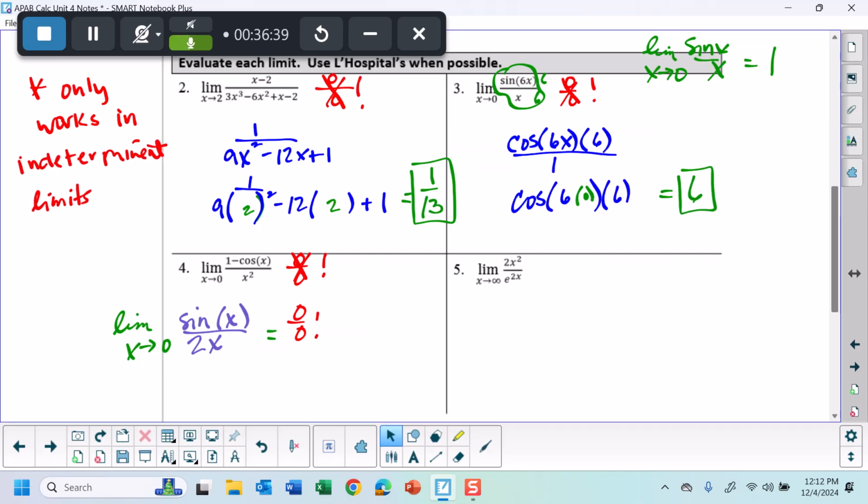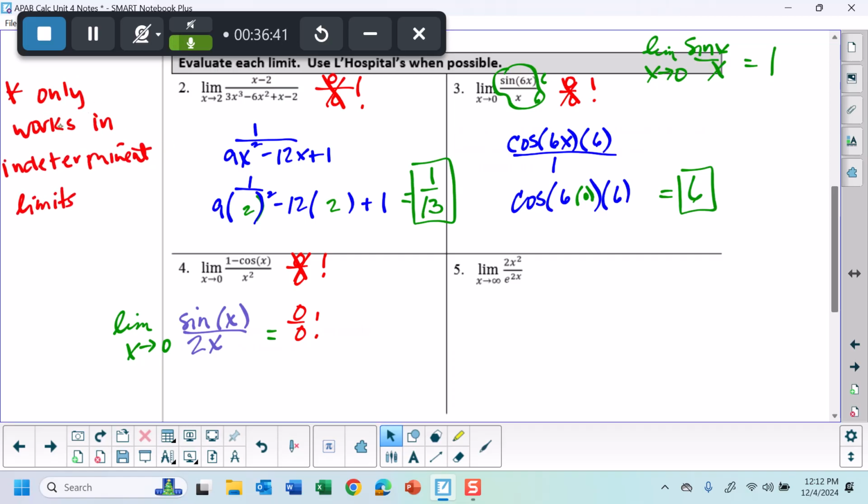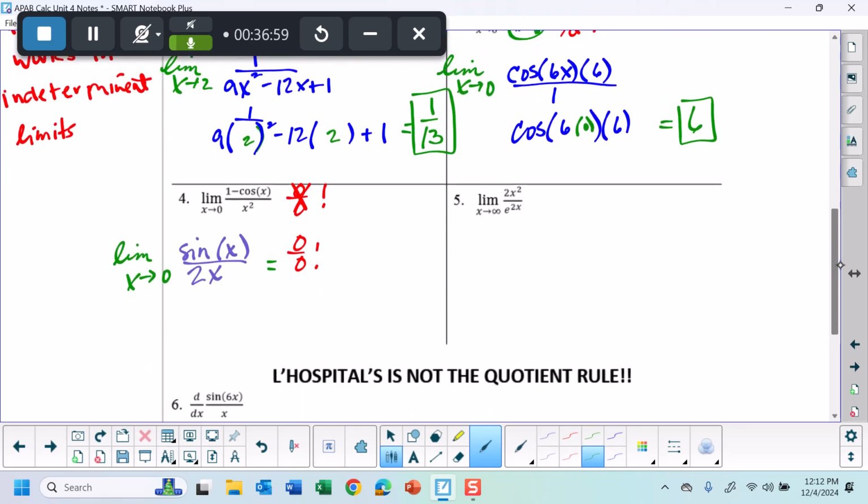And I'm going to say that when you do L'Hopital's rule, we're going to rewrite the limit until we go to plug in. So we're going to rewrite the limit until we plug in because of this happening.